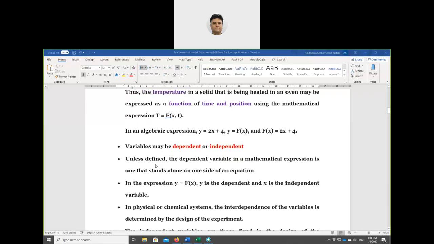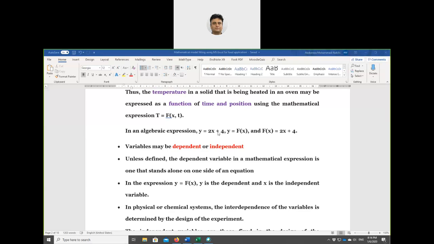Unless defined otherwise, it is sometimes different, but generally the dependent variable in a mathematical expression is the one standing alone on one side of an equation. We call y dependent, standing alone: y is equal to f(x).